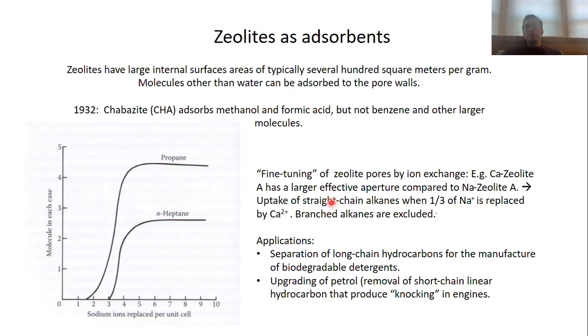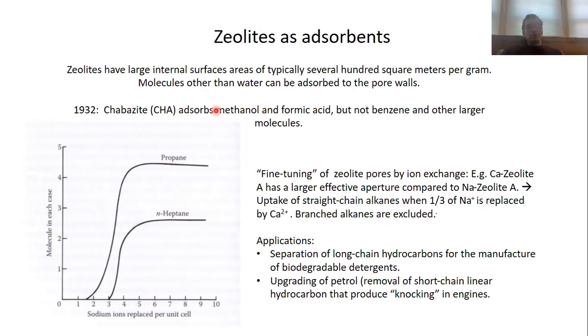Okay, so for instance, when you exchange 1/3 of the sodium ions by calcium ions, then the uptake of straight chain alkanes is still allowed, while branched alkanes are being excluded. Okay.